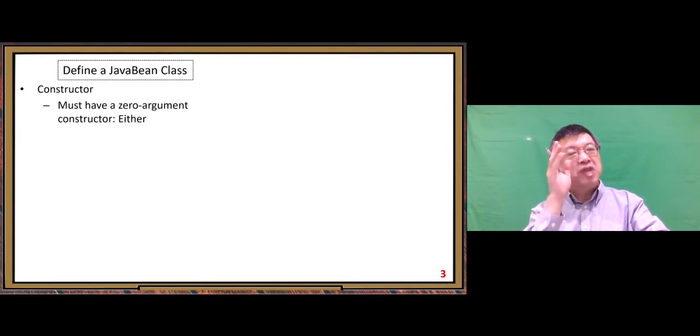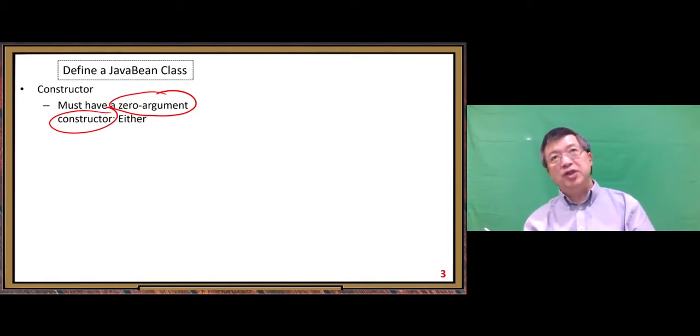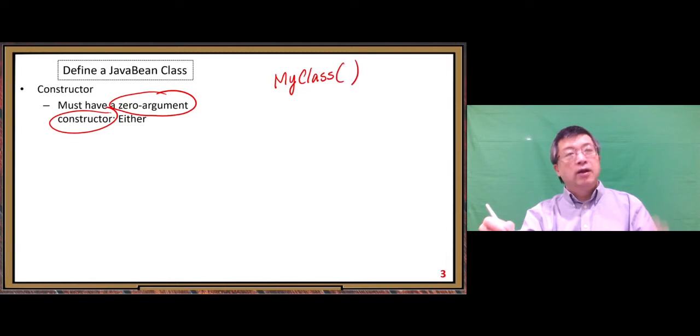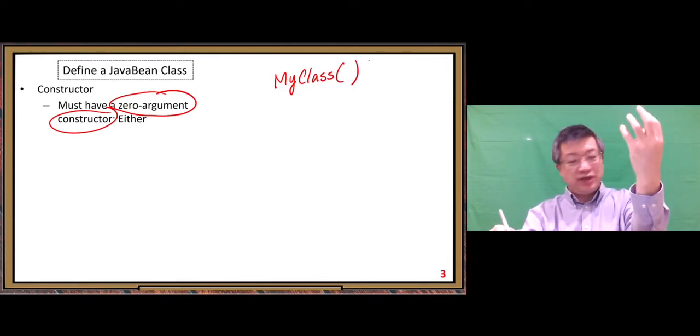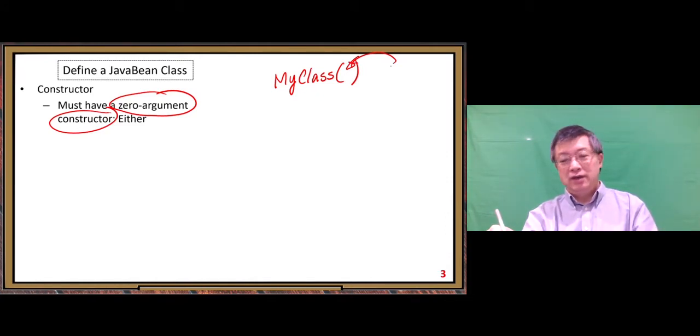Your JavaBean class must have a zero argument constructor. I hope you know the zero argument constructor. If I use my class, zero argument, parenthesis, inside it no argument or no parameters.